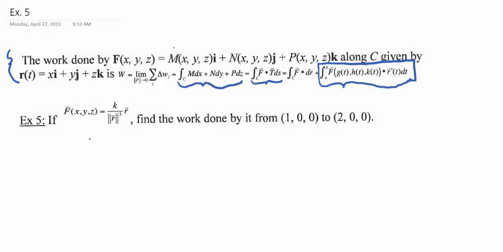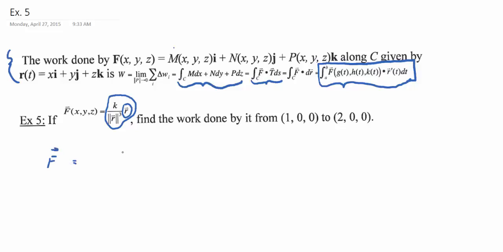So in example 5, F of x, y, z equals k times r over the magnitude of r cubed, where r stands for the position vector of a particle in the vector field. First of all, I need you to understand this is just fancy notation for this vector field.